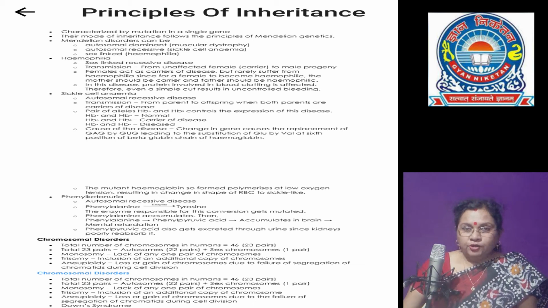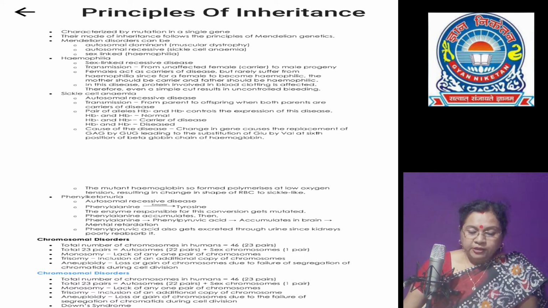Next Mendelian disorder is sickle cell anemia. It is an autosome-linked recessive trait. This disease is controlled by a single pair of alleles, HbA and HbS.